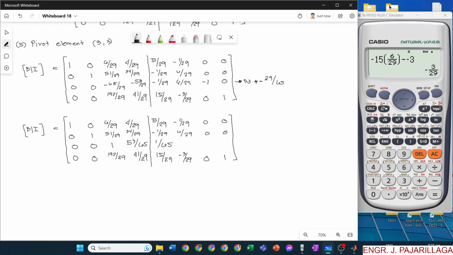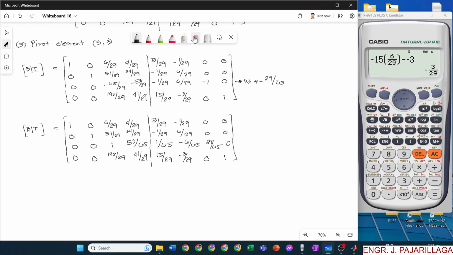And then another, we have 6 over 29 multiplied by negative 29 over 65. That is negative 6 over 65. And then we have here negative 1 multiplied by negative 1 over negative 29 over 65. This would be positive 29 over 65, and then 0 multiplied by our constant 0.